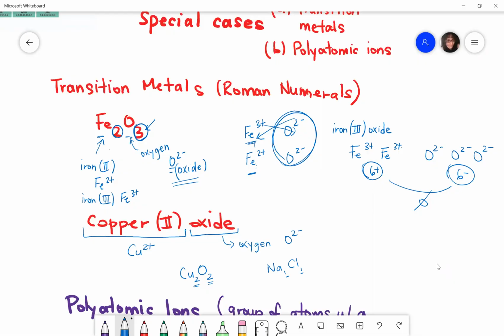If you do 2 divided by 2, this compound gets written as CuO. So this is actually the chemical formula of copper 2 oxide. So here in this case, remember to reduce the subscripts. So maybe you came across that in one of your homework questions.